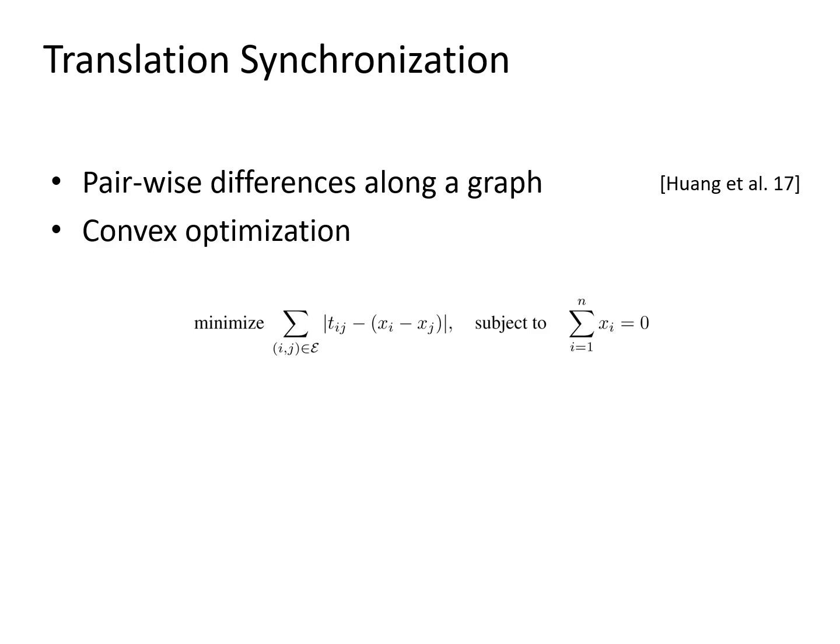A standard approach for translation synchronization, this is also used for ranking, okay, is to solve the so-called convex optimization problem, where the variables are xi, xj that are associated with the graph vertices, and the observations Tij associated with edges, right?